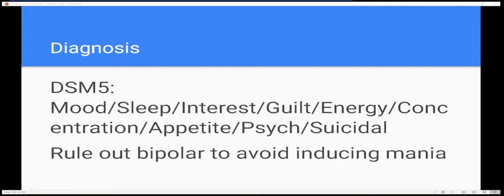If a patient's suicidal, you might avoid certain drugs, such as TCAs. So that's something to know about. And also rule out bipolar to avoid inducing mania in patients. So knowing their diagnosis and going from there is important.